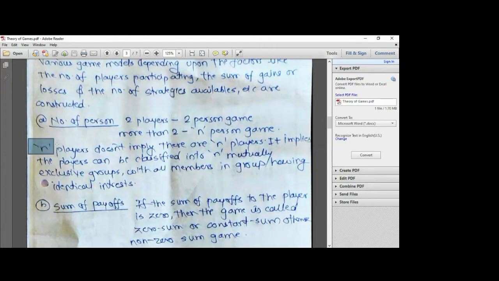Now, if there are three choices, and the players can be divided according to which player is going to take which choice, then you can define three groups, and these three exclusive groups mean the value of n will be 3.